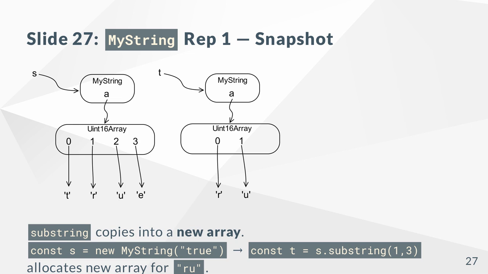The key observation is this: the 2 objects are completely independent. They do not share any memory. When substring was called, it allocated a brand new array and copied the characters r and u into it. This works correctly, but for long strings with many substring calls, all that copying is expensive. That is what the second representation addresses.